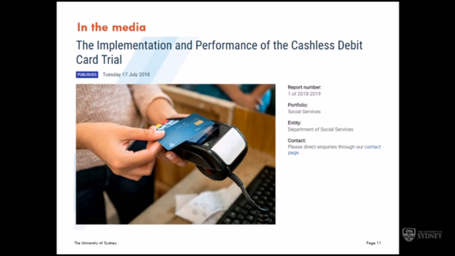There wasn't a particular muck-up with how the cashless debit card was implemented. It's not always working perfectly, but people were informed in the right way in Ceduna, so it was okay. But what was still missing, in this 2018 report, is any scientific evidence on whether this cashless debit card is indeed reducing harm, which was the key objective, even of the latest trials.